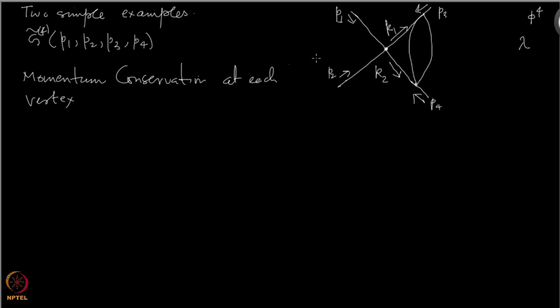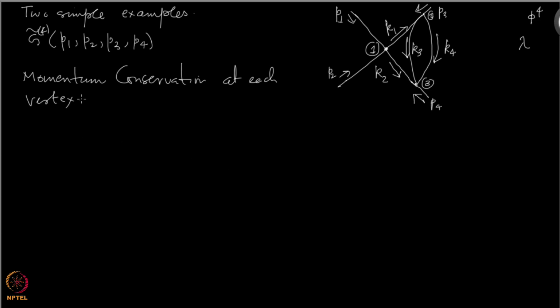So, let me first assign a momentum to each propagator. Okay, that is what I am doing. Let us say k3 comes in here, it flows like that, and k4 flows through this propagator like this. Okay. Let us call this vertex 1, this one vertex 2, this one vertex 3.